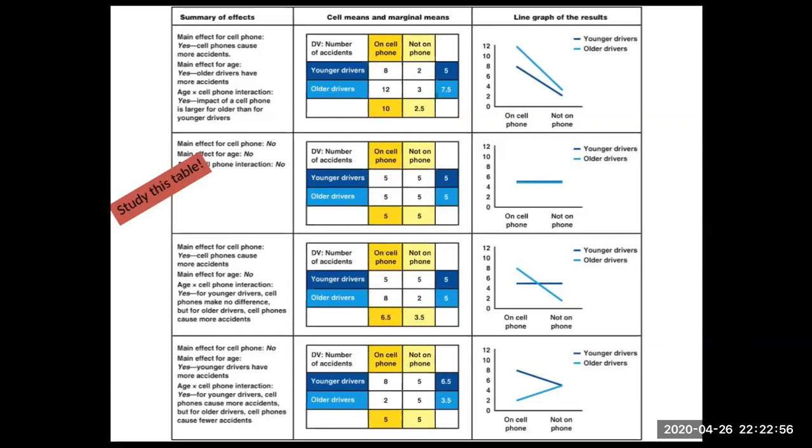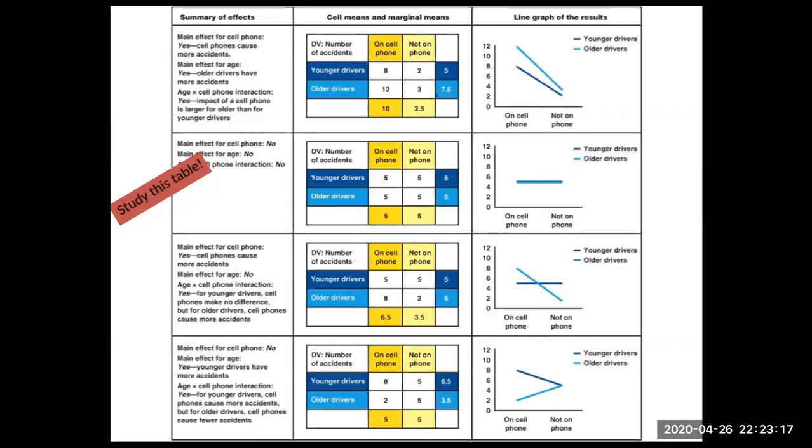Looking at the graph on the right, both of them are decreasing, but the lines are not parallel, right? So we could say yes, there is an interaction, it looks like. When people are not on their cell phone, there are far fewer accidents.